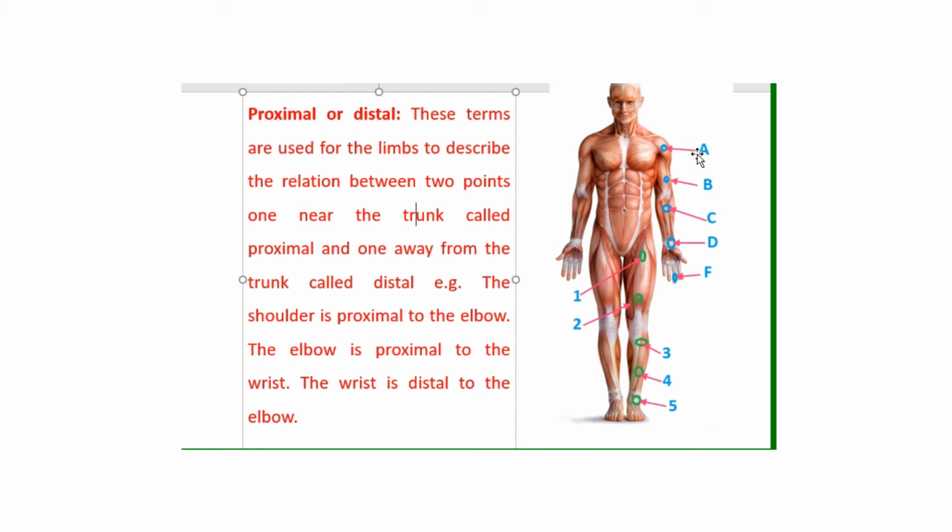So A is proximal to B, A is proximal to C, however C is distal to B, distal to E, but proximal to D and proximal to F. Hence, the nearer the point to the attachment of the limb to the trunk, the more proximal it is in relation to a point away from the attachment.